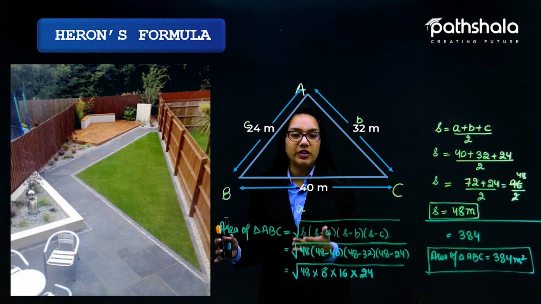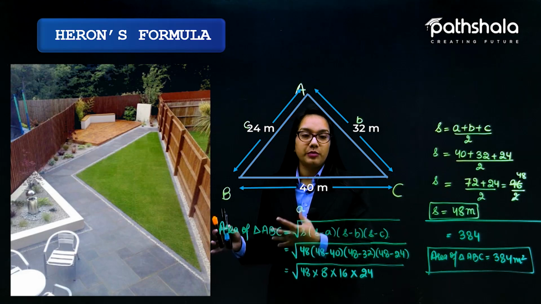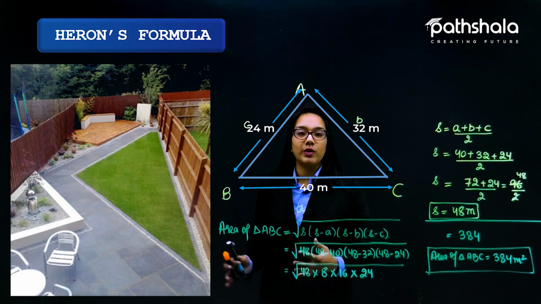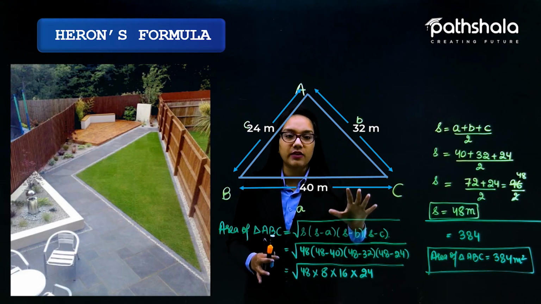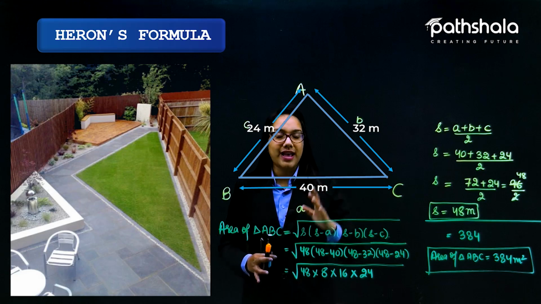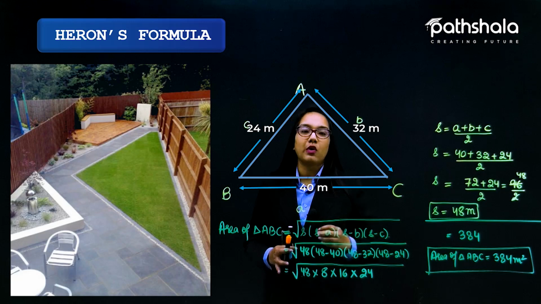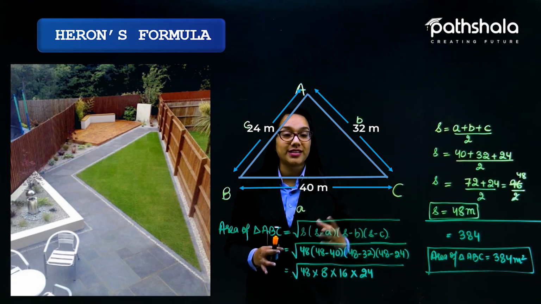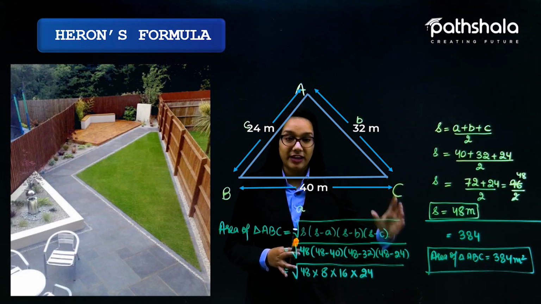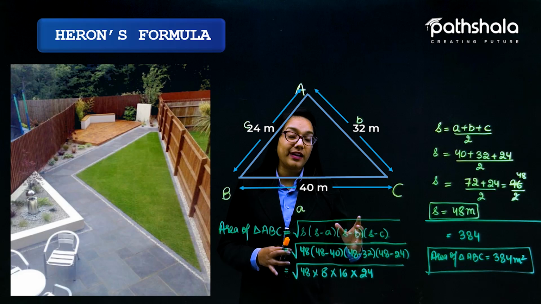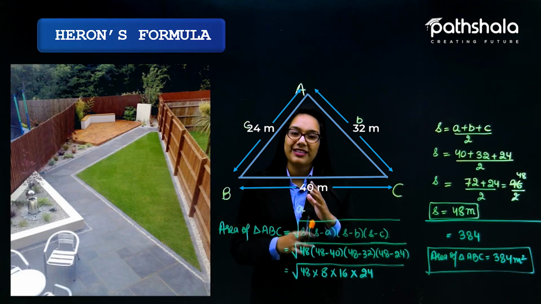So always remember, Heron's formula can be used whenever all three sides are given to us, whether they are equal to each other or not, it doesn't matter. So this is all about finding the area of this triangular garden using Heron's formula.